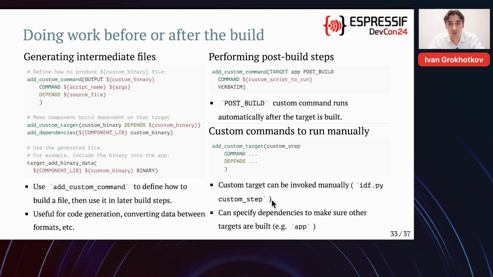For example, if you want the users of your application or your component to be able to perform a certain step, you can wrap this step into a custom CMake target, and it will be executable through idf.py.